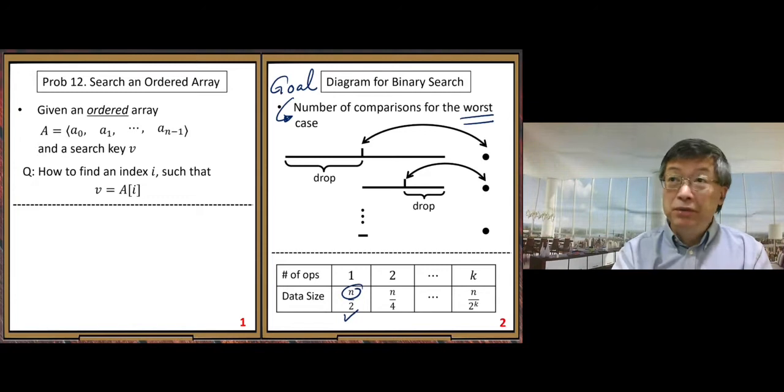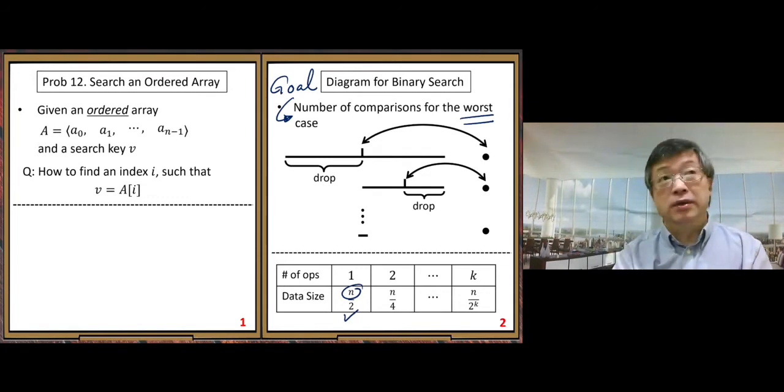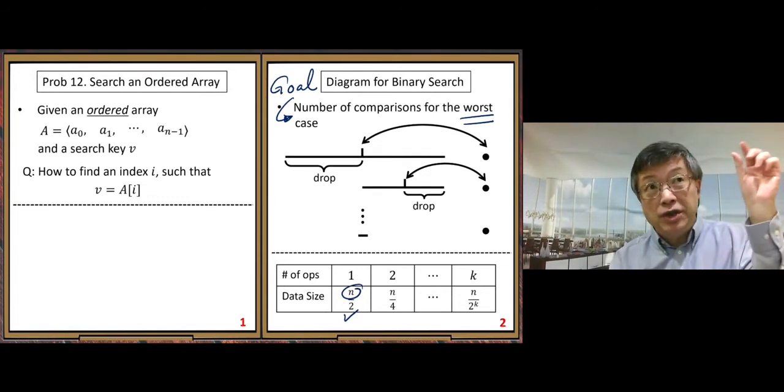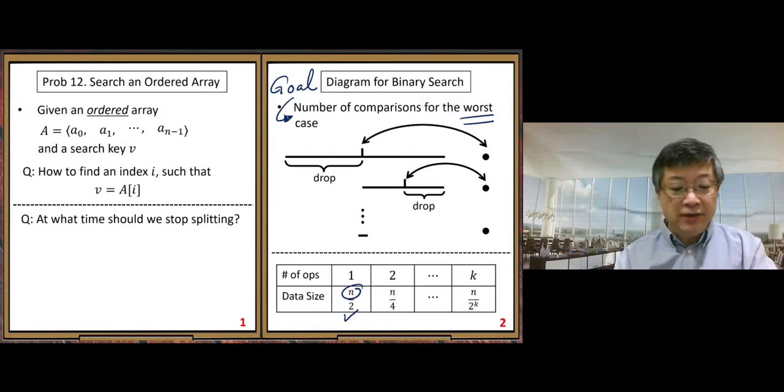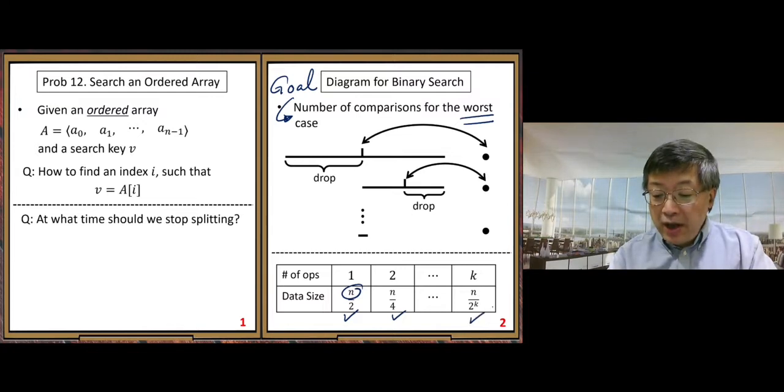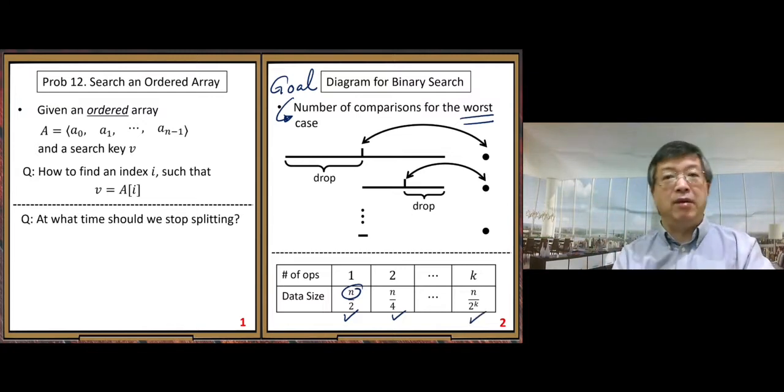You may argue +1, -1, but that small difference is not important. Just approximately n/2. Second comparison, n/4. After the kth comparison, n/2 to the kth power.